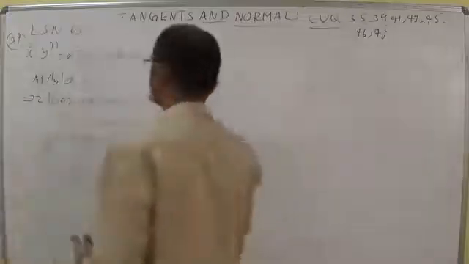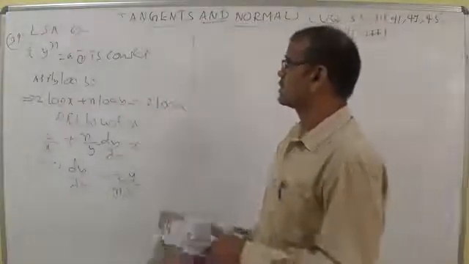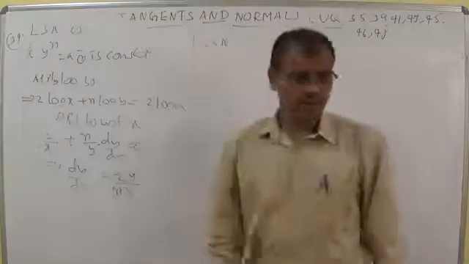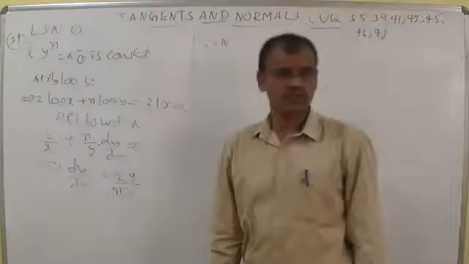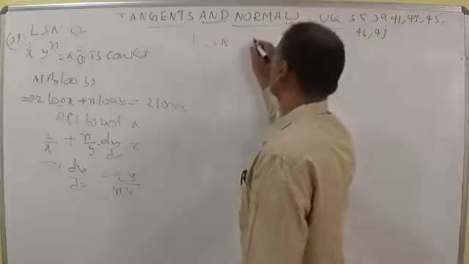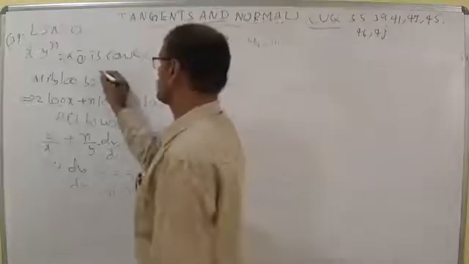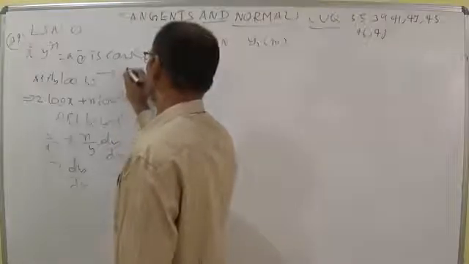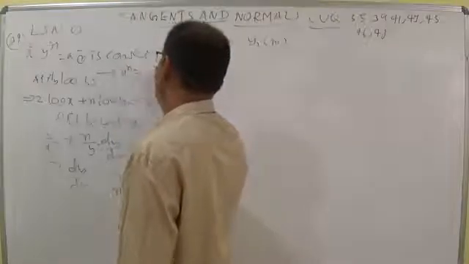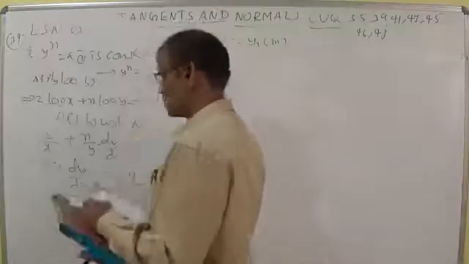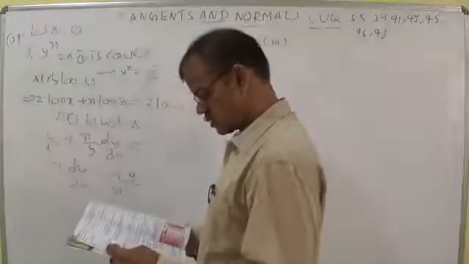Now which one should we do? If LSN is given, what is the formula of LSN? Length of subnormal formula is y1 into m. What is y1? Try to understand y1 here: x square y power n equal to a square is given.